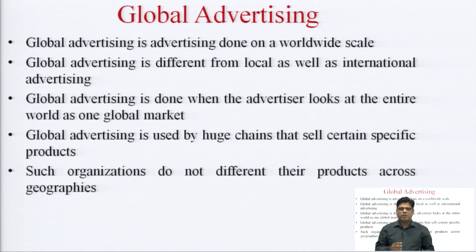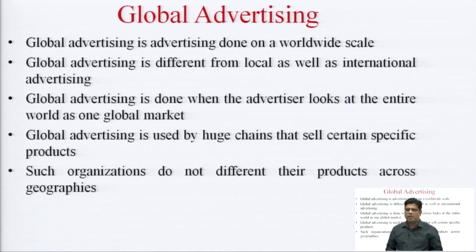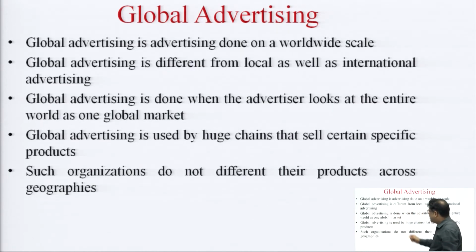So, the product is being sold as a global product, and there is a global strategy which is then applied in the marketing and advertising of that product or service. As we can see from the last two slides, global advertising is just the opposite of local advertising. It has got a global reach, whereas local advertising has got a very limited reach. In global advertising, you will come across a lot of variations when we move from country to country, but the strategy remains the same.